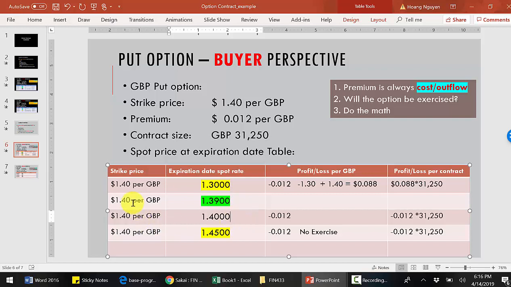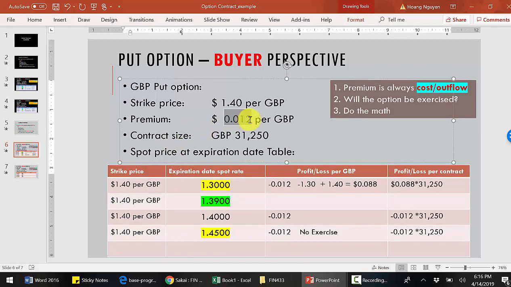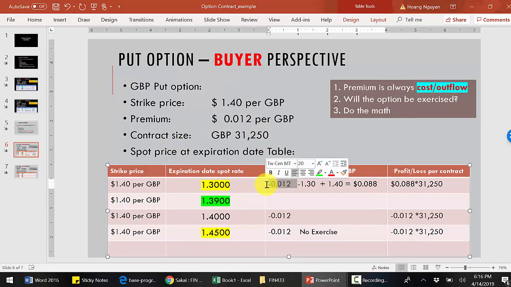Because by exercising the option, you sell at 1.4, you get 1.4. In the market, you only get 1.39. So even though the difference is small, exercising always helps you to recover your investment, which is your premium. So in this case, the premium is always the cost.